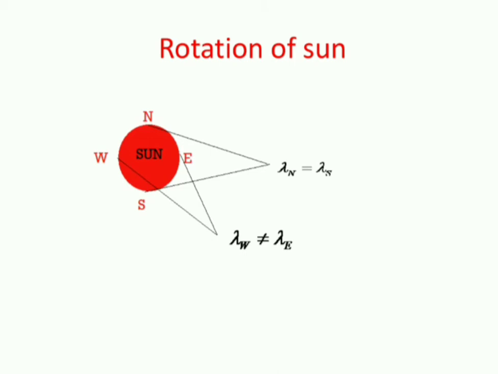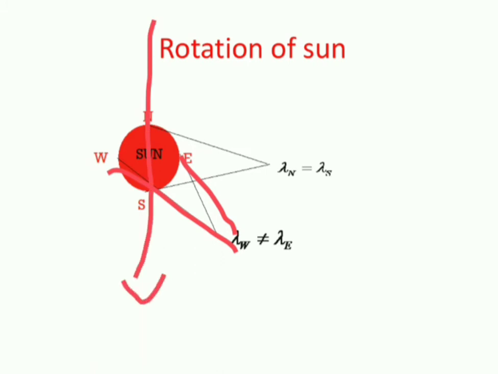Similarly, find out the apparent frequency or apparent wavelength received from west and east. It is observed that the frequency received from west is different from east. It happens only if there is rotation about a vertical axis, the north-south axis.